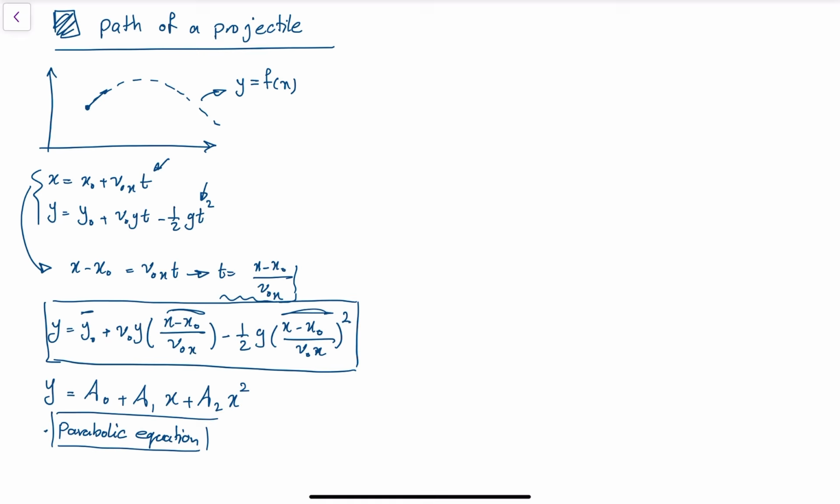A few things are obvious, but let me maybe write them down. As you launch a projectile upward, the projectile goes up with some component of upward velocity, reaches a maximum height, and comes back down.